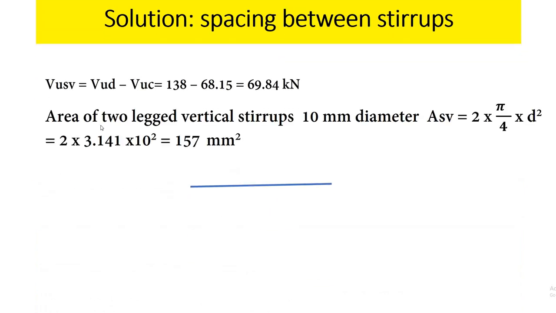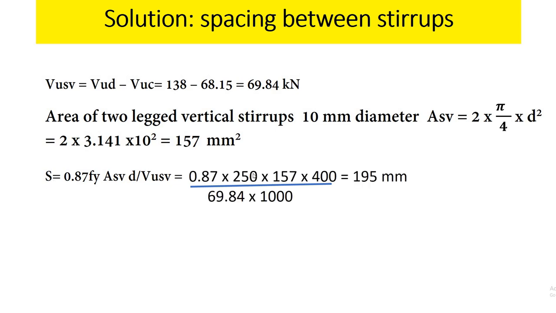So let us take two-leg vertical stirrups of 10 mm diameter. The area is 157 mm square, and the spacing of stirrups is equal to 0.87 times fy, where grade of stirrups fy is 250, times 157, that is the area of vertical stirrups, multiplied by 400, that is the depth of beam, divided by the shear, 69.84, that we have to resist, multiplied by 1000.